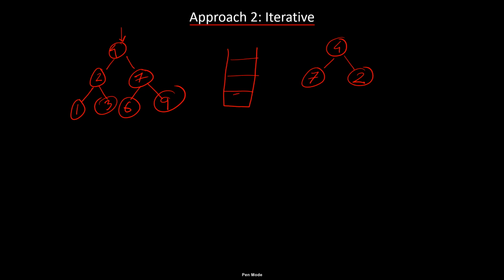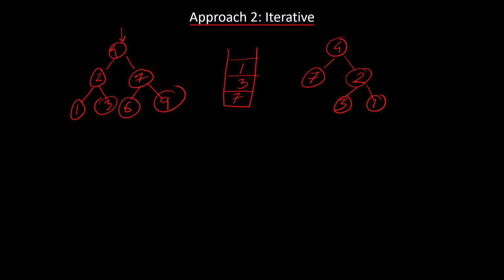Now we have 7 and 2, right? Then from the queue again pop the 2, then swap the children, which is 3 and 1, and put 3 over here and 1 here, right?